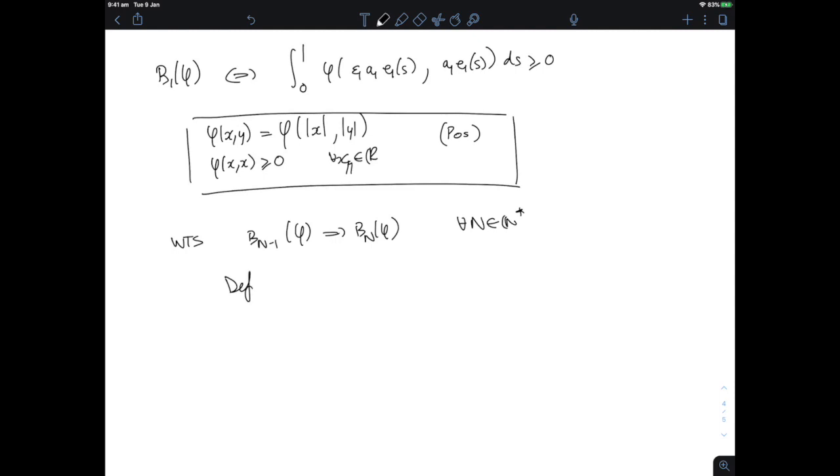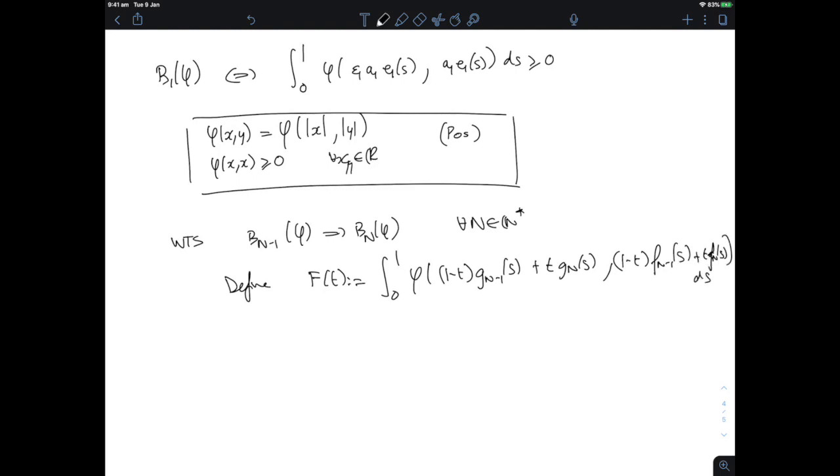So we're going to define capital F of t to be the integral from 0 to 1 of phi of 1 minus t gn minus 1 of s plus t gn of s, comma 1 minus t fn minus 1 of s plus t fn of s ds.